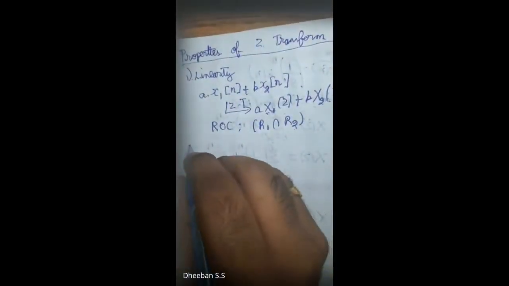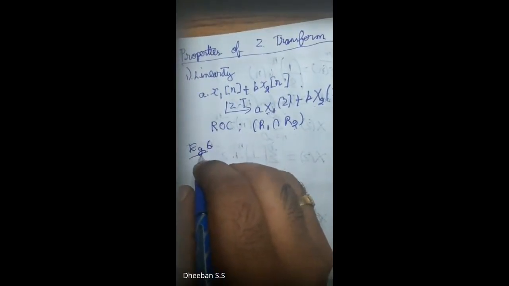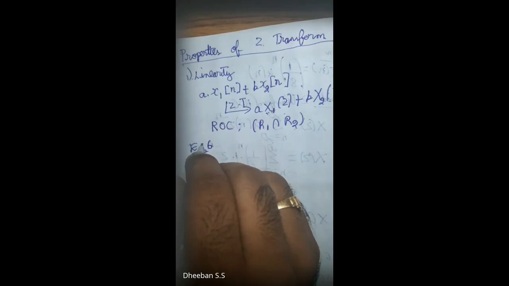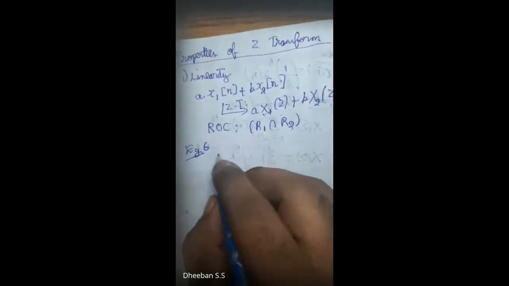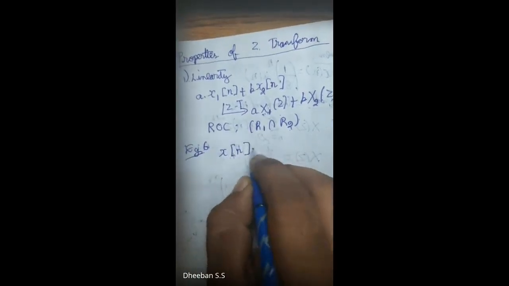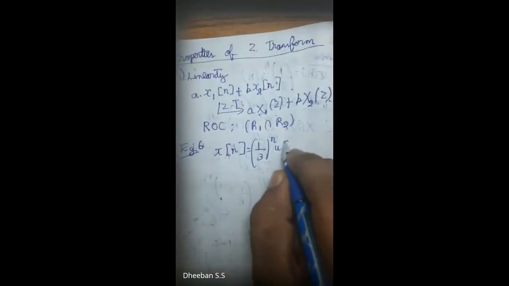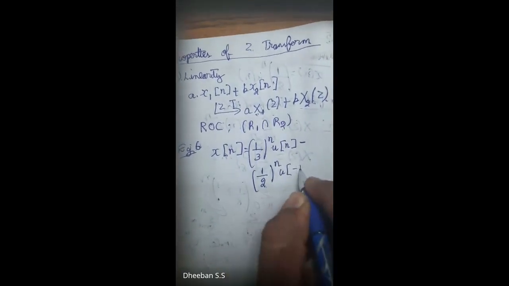What they are saying is that x of n is given as 1 by 3 the whole power n u of n minus 1 by 2 the whole power n u of minus n minus 1.